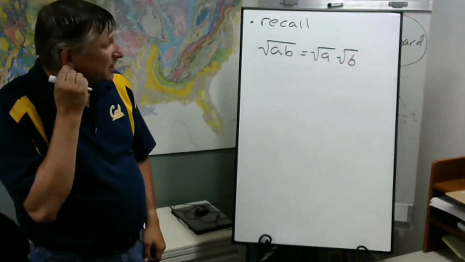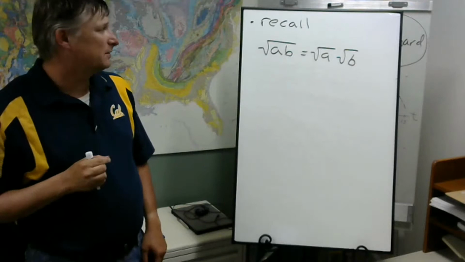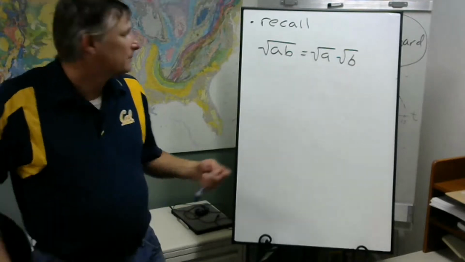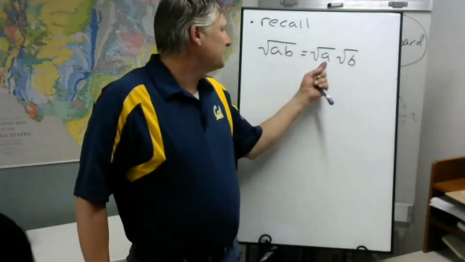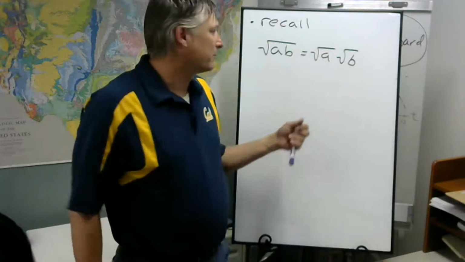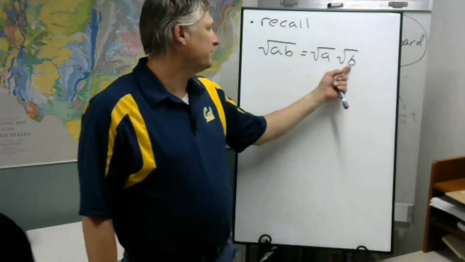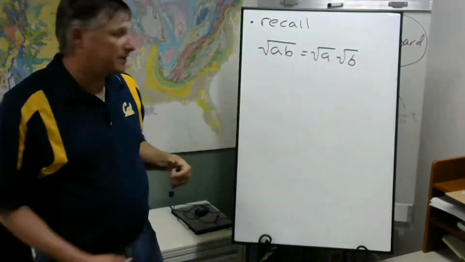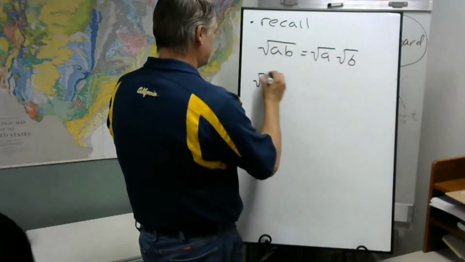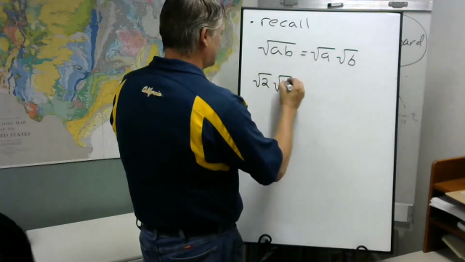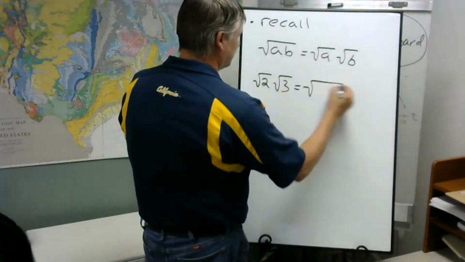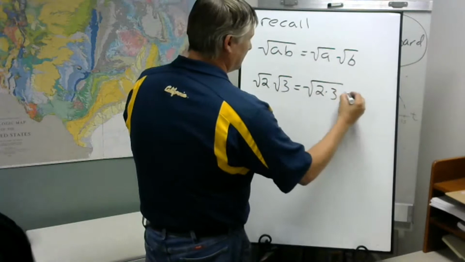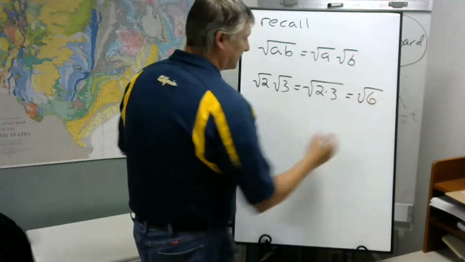Now, where you want to be careful here is when we're dealing with negative numbers. If this is negative, this works backwards. If you have the square root of a times the square root of b, it's equal to the square root of a times b. So for example, the square root of 2 times the square root of 3 is the square root of 2 times 3, or the square root of 6.